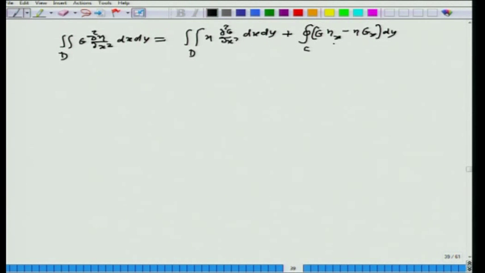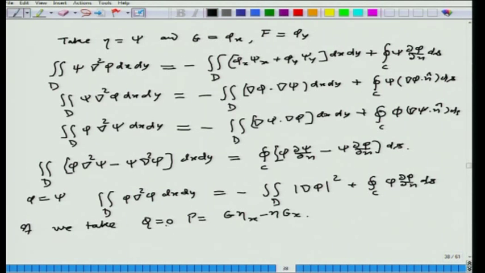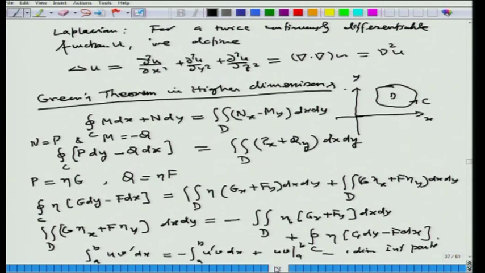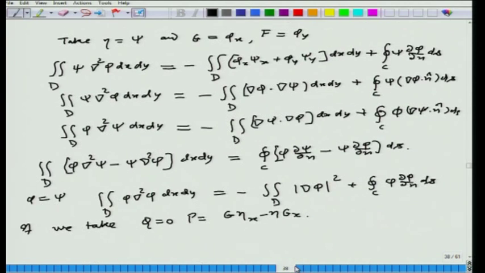Because we have chosen q equal to 0 here, this term will not be there, we will have only p dy, and p is chosen like this, g eta x minus eta g x.